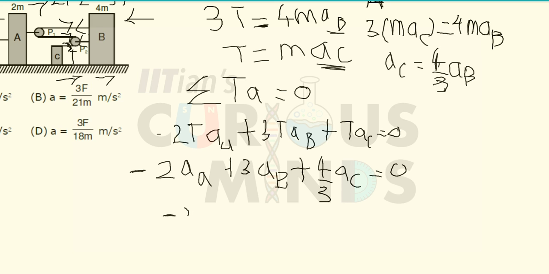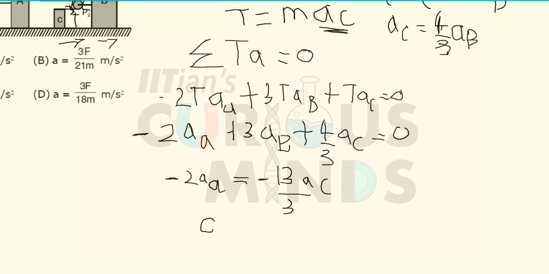So minus 2aA will be equal to minus of, if I add both of them, it will be 9 plus 4, 13 aB divided by 3. Not aC, it is equal to aB. I have substituted the value over here already. So aA will be equal to 13 by 6 aB.